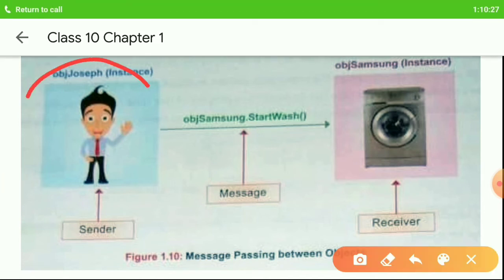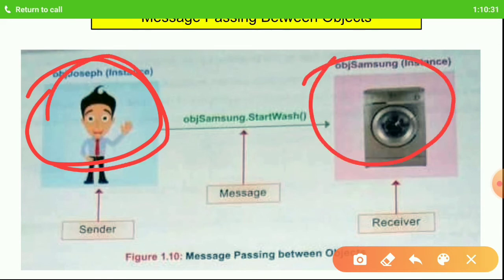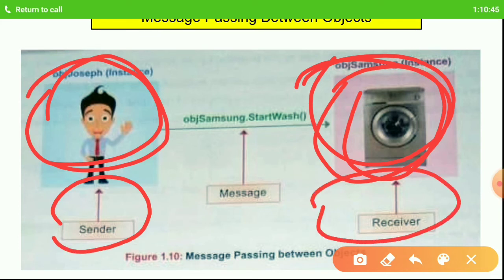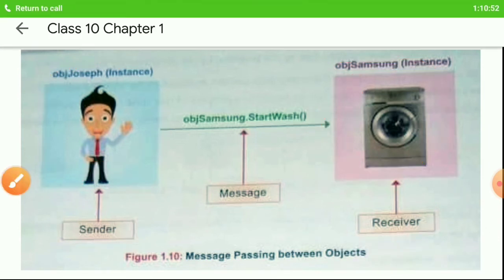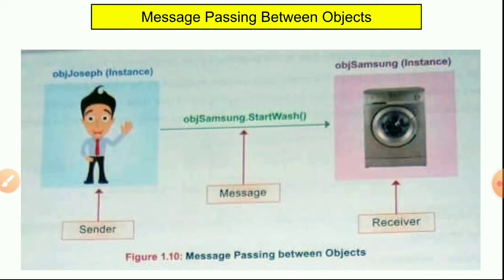First object is a person, second object is a washing machine, and the person object is using the washing machine object to do the washing. So person is the sender and this is the receiver of the message. Now let's implement this in code, so that you'll be able to understand it more clearly.